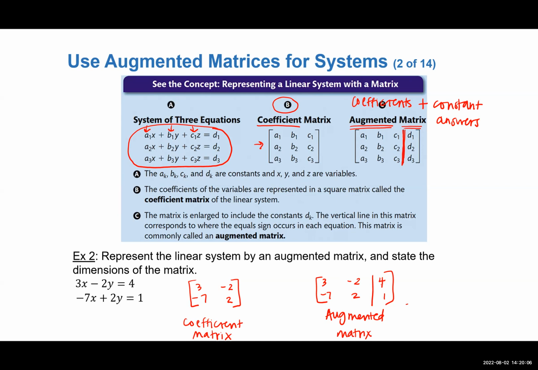Can you write a coefficient matrix? Can you write an augmented matrix? And do you know the dimensions? So the dimensions of our coefficient matrix are 2 by 2 because there's 2 rows and 2 columns. Whereas the augmented matrix is a little larger because there's 2 rows, but there are 3 columns now because we included those constants, which were the answers.